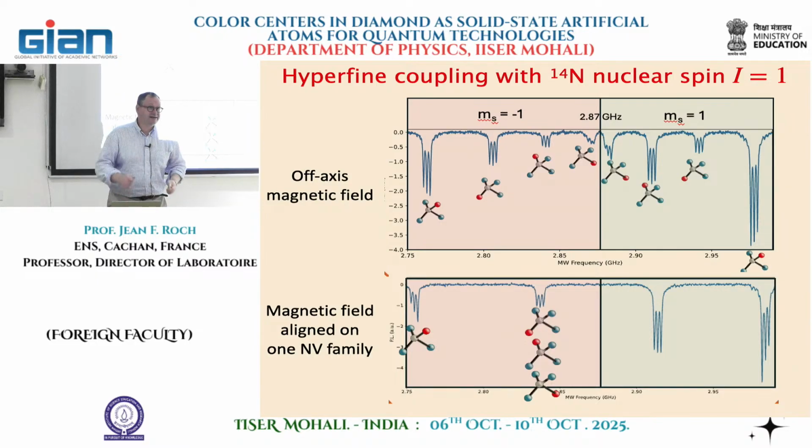And this is due to the fact that we start to channel the spin population into one given state of the MI of the nuclear spin manifold. And this occurs only for the family that has its axis aligned with the applied magnetic field. And now we can use that to tune exactly and optimize step by step this effect.